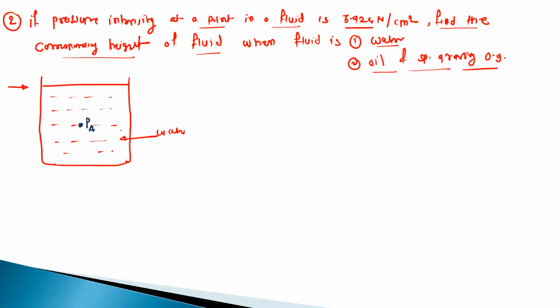Suppose that pressure is PA, and we got that pressure PA, this is equal to 3.924 Newton per centimeter square. So the question is, what is the height of this point with respect to the free surface? So let us assume this height to be h. Okay, so we have to find out this height.